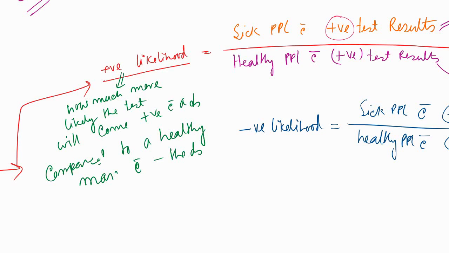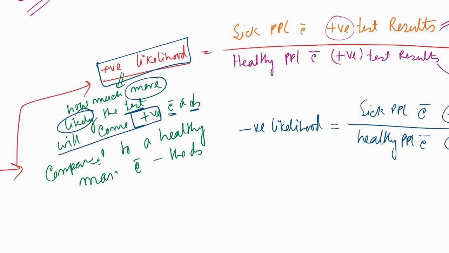Now, as you can see from this screen, positive likelihood ratio means how much more likely a test will come positive with a disease compared to a healthy person. Suppose there is a new test for SLE, and there are two people. One was previously diagnosed with SLE, and one is completely healthy.